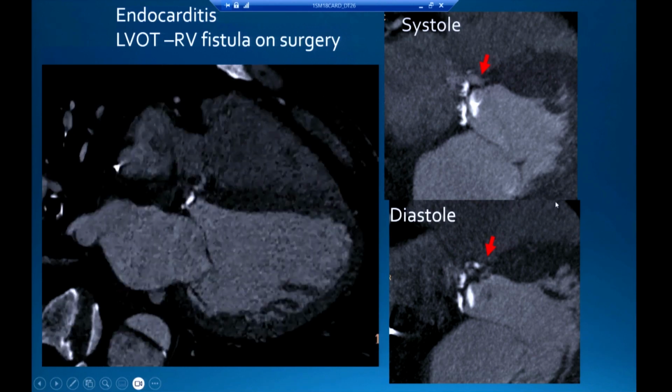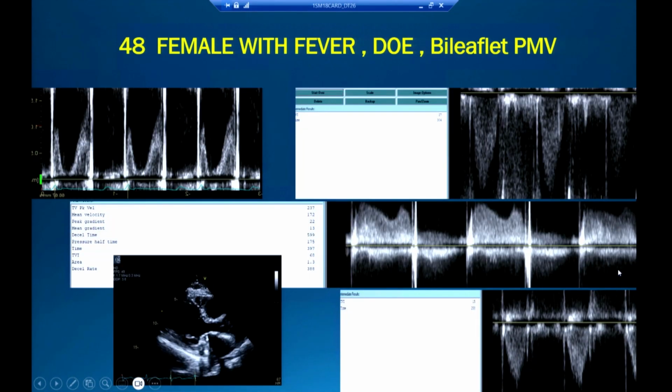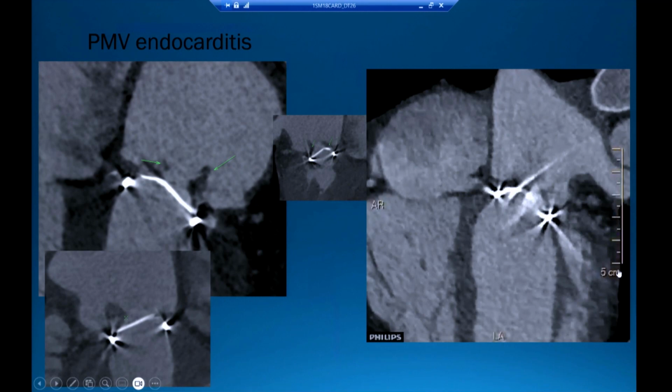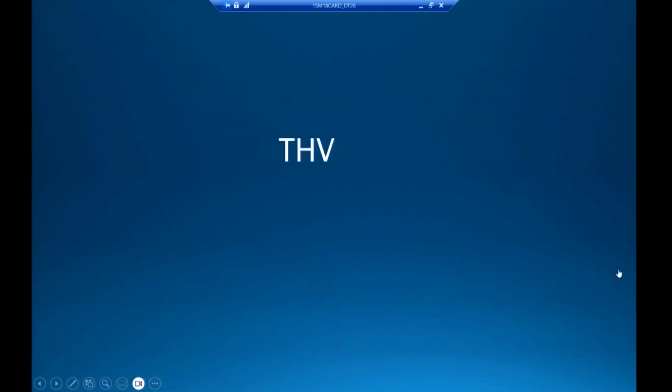Maybe with very few cases like this, you don't need echo to tell you that that's a true VSD. Again, this is prosthetic valve endocarditis. Again, the mass has to be big enough for us to see it, and if it's highly mobile, because of the poor temporal resolution, small endocarditis we will totally miss.